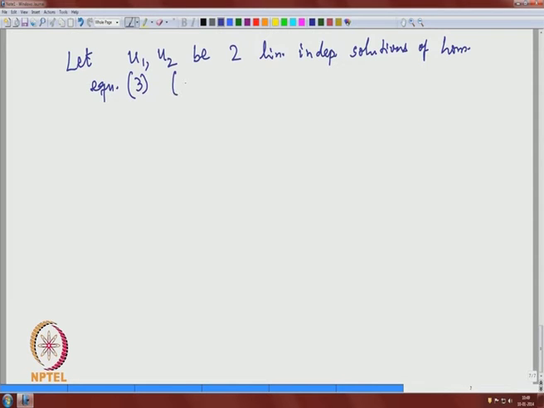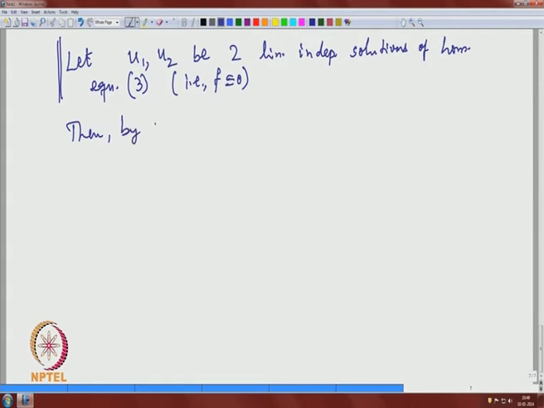So, that is in 3 you take f equal to 0. The existence of these two linearly independent solutions comes from the general theory of linear equations, and we are sure that they are there. Okay. They exist.